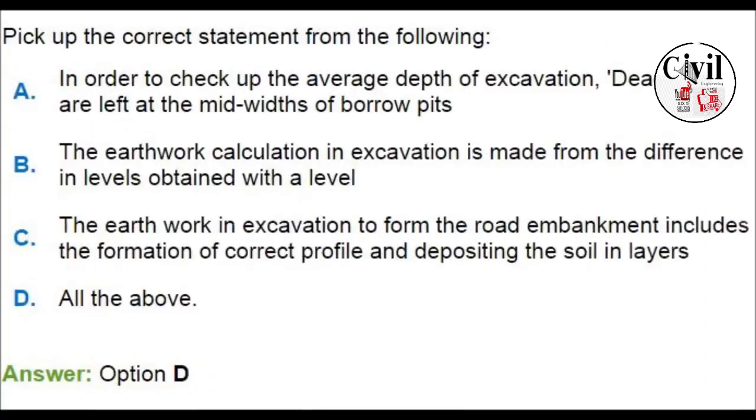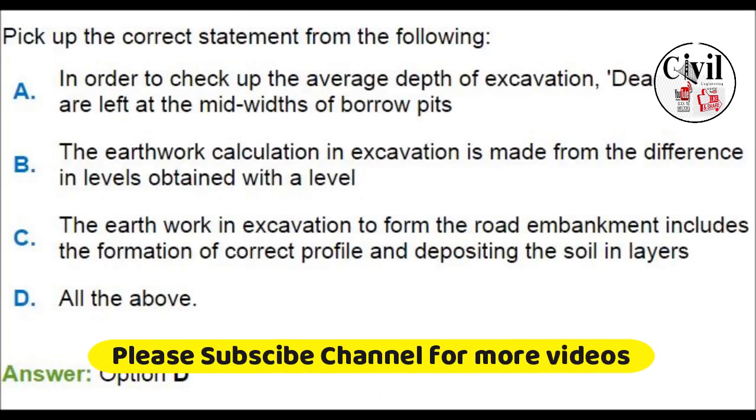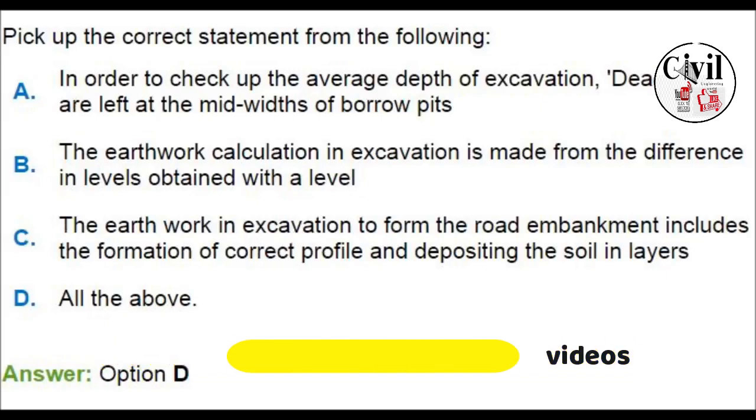Okay, so let's move to the next one: pick up the correct statement from the following. In order to check the average depth of the excavation, dead men are left at the mid-width of the bar of bits, and the earthwork calculation in excavation is made from the difference in level obtained with the level.